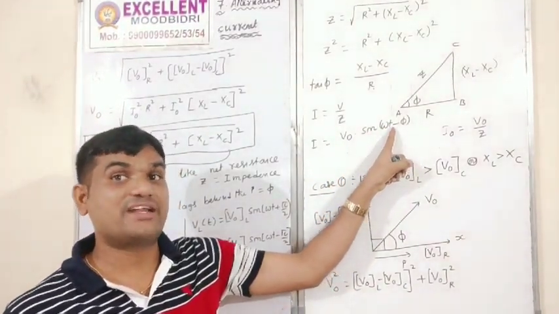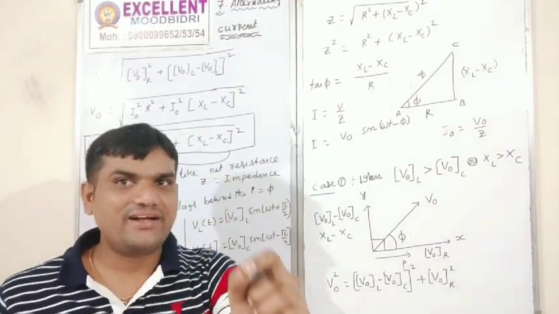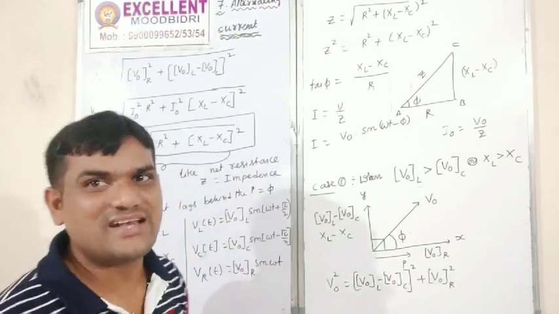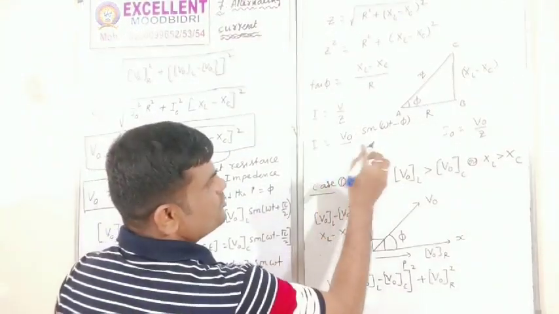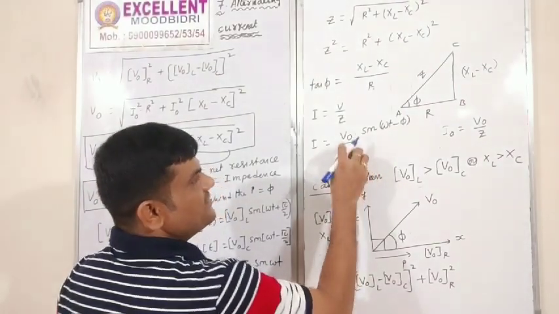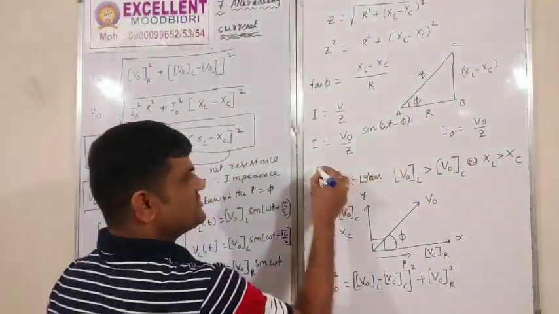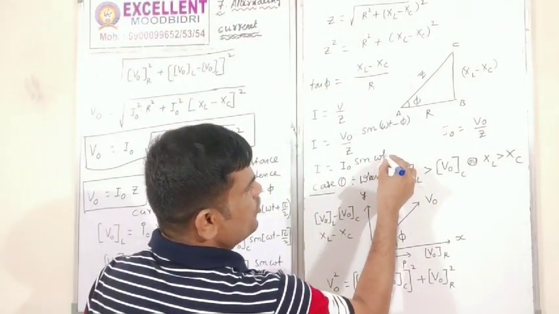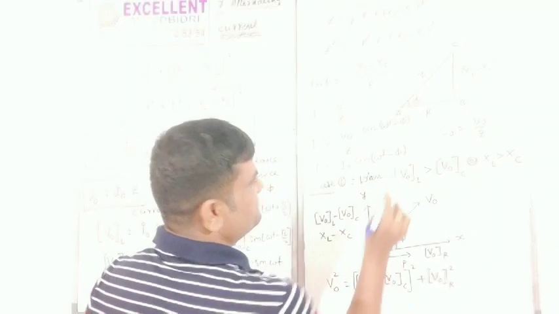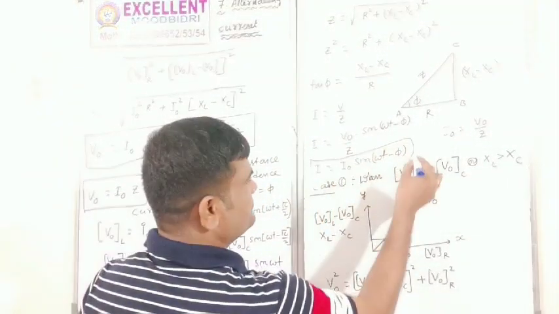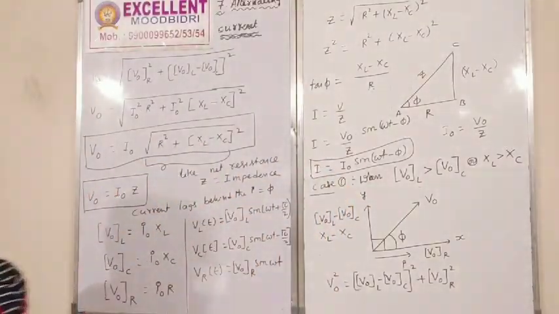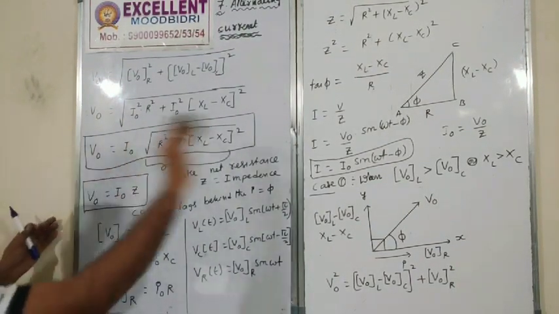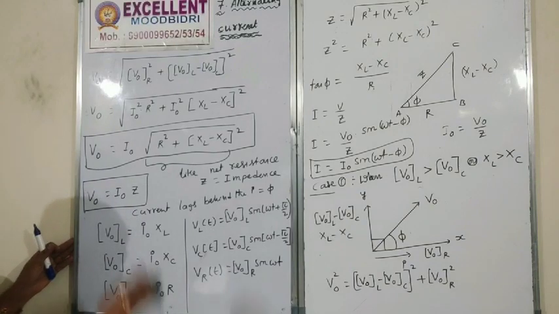Correct or wrong? Why is minus phi given? Because current lags, it is not a lead. V naught by Z is I naught. Therefore, I is equal to I naught into sine omega t minus phi. That is the current formula. Did you understand? Very, very important. First, case 1 is over.